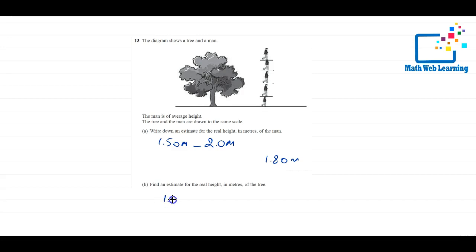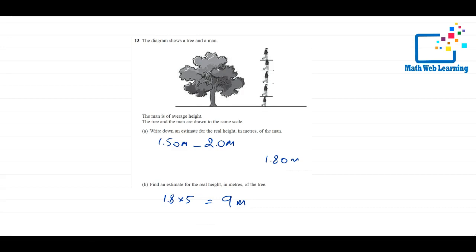Because they are the same scale, we do 1.8 times 5. 1 times 5 is 5, and 0.8 times 5 is 4. Added together, the answer is 9 meters roughly. I think 5 meters would be fine. If you use 2 meters and multiply it by 5, that will give you 10 meters, and that will also be fine. So that's the answer to question 13.